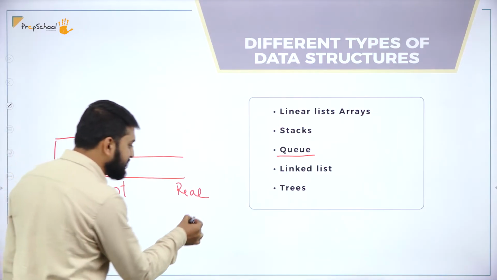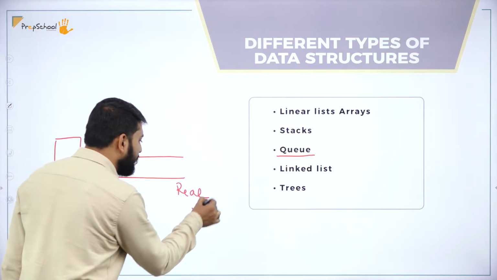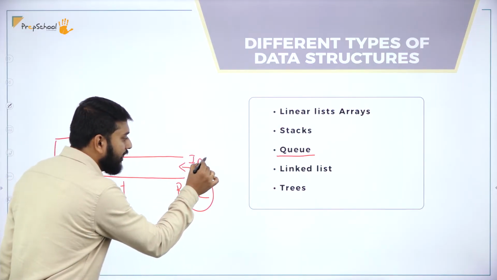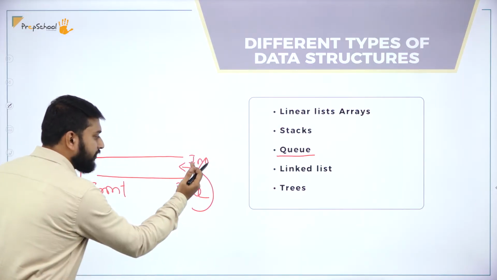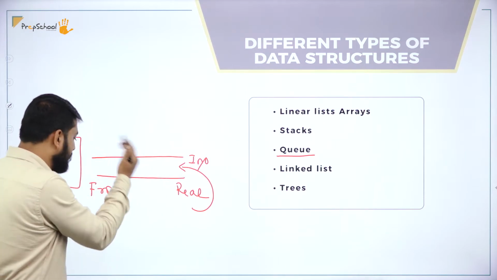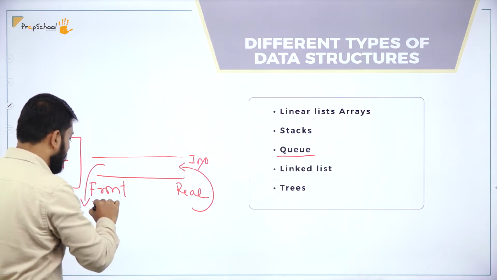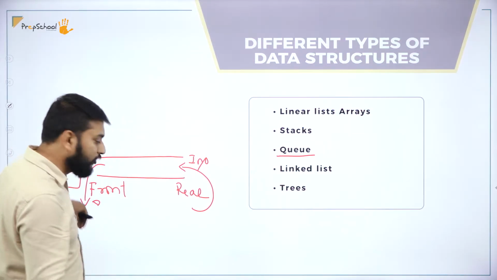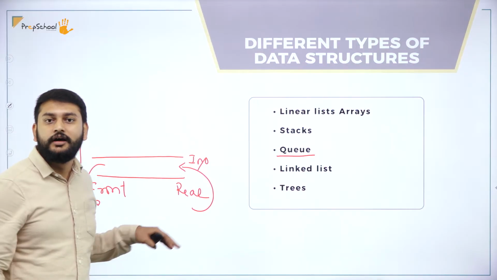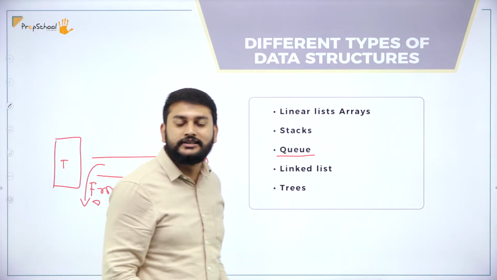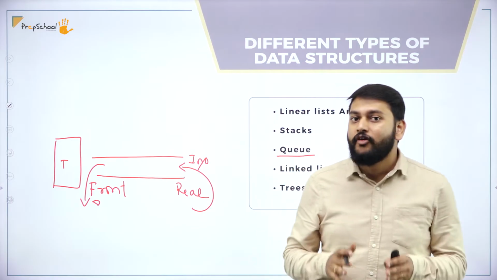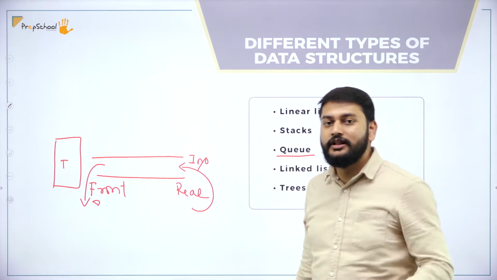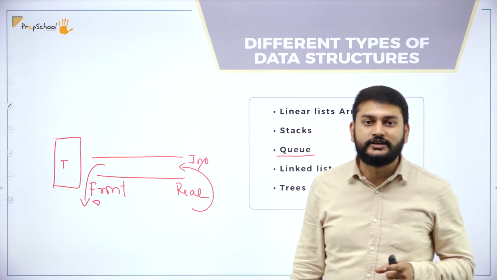Always the insertion of the data element will happen at the rear end, and the deletion will happen at the front end. You will go in from this side and you will come out from this side. That is what we call a queue. First in, first out. That is the principle the queue is following, right?